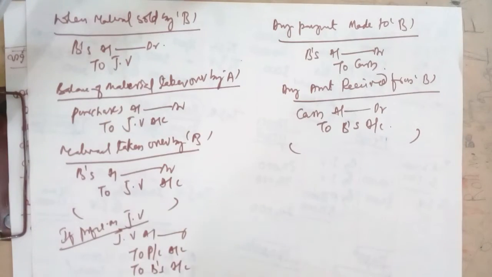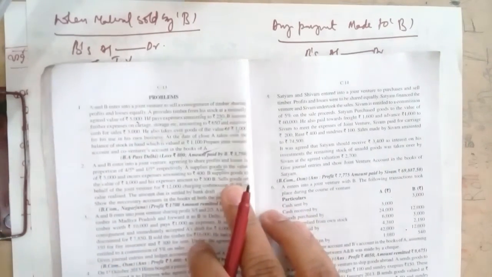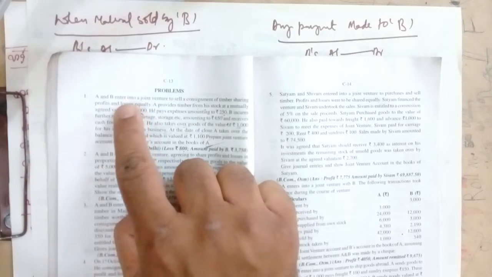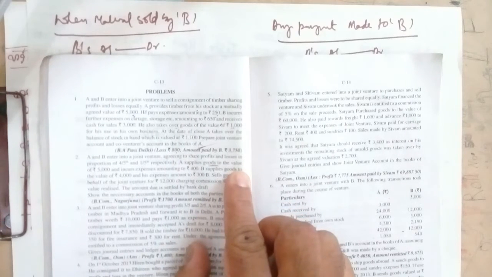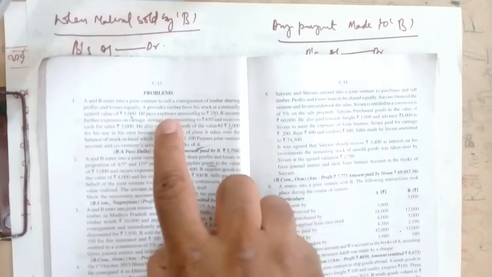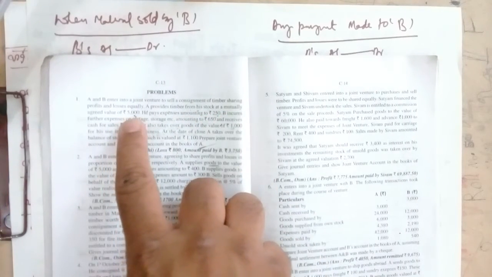Now we will try to understand one question with the help of which we can easily learn the concept. Right? Now, see this question. A and B entered into a joint venture to sell a consignment of timber, sharing profit and loss equally. A provides timber from his stock at a mutually agreed value of 5,000.